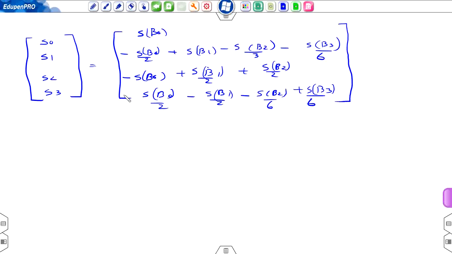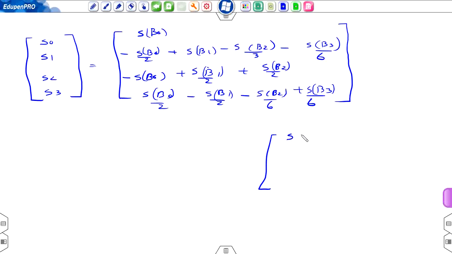Okay, so now I will separate this matrix in steps. Looking at the last term, it is having all the values S of beta 0, S of beta 1, S of beta 2, S of beta 3. So I can separate S of beta i into a column matrix.